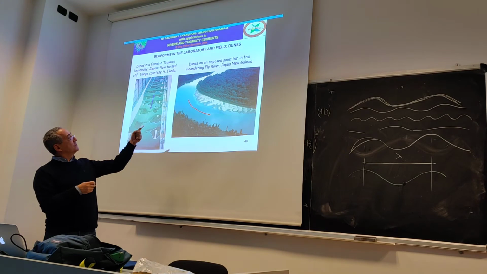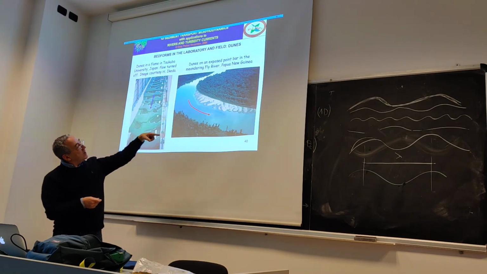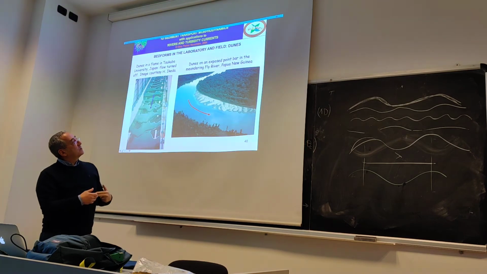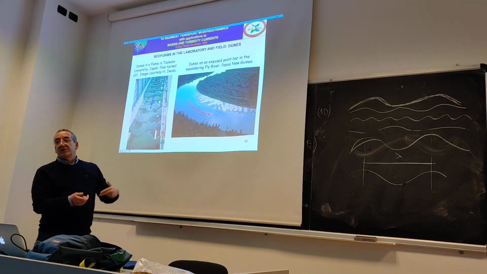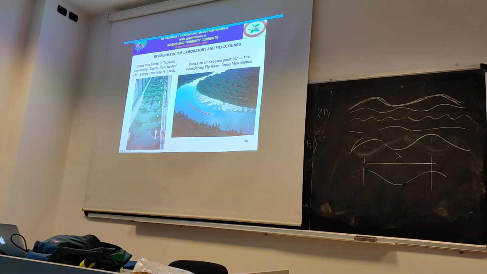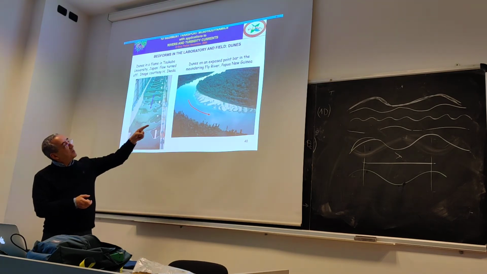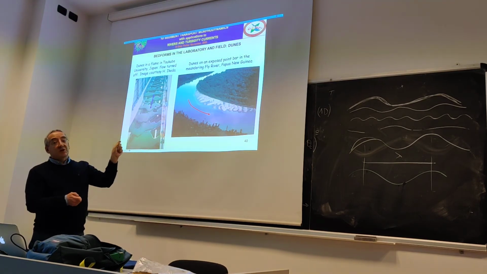And you can see dunes superimposed on other bars. For example, the white part there is the point bar, the deposition area that you see on the inside of a meander. And superimposed on it, you can see a pattern, distinctly a pattern which is much shorter.